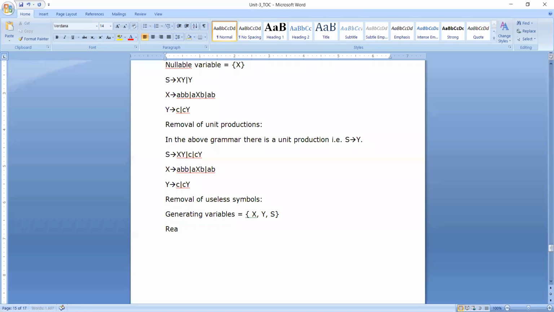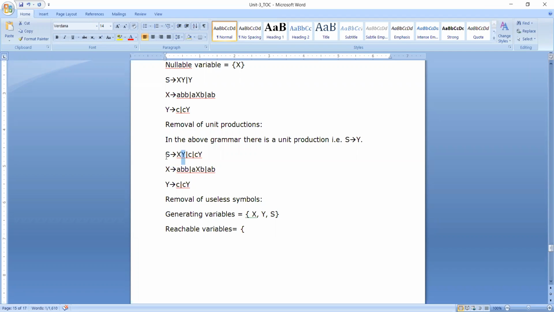We have reachable variables. We need to identify what are the variables which are reachable. So what are the reachable variables? Now this is our start symbol of the grammar. From S, is it possible to reach the variable capital X or not? S derives to XY means I can reach capital X. And is there any production with which I can reach capital Y or not?